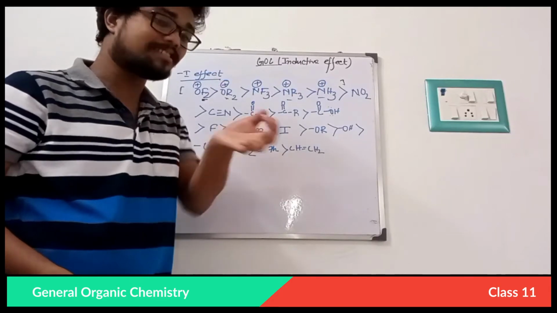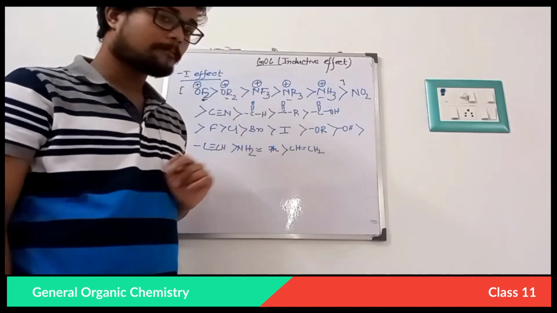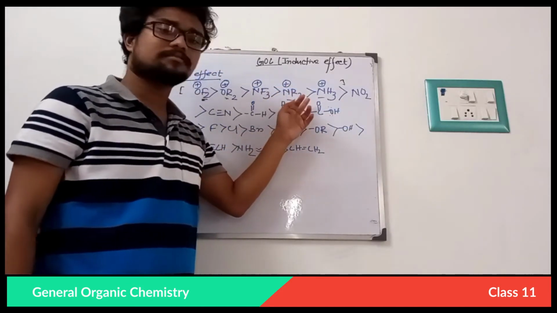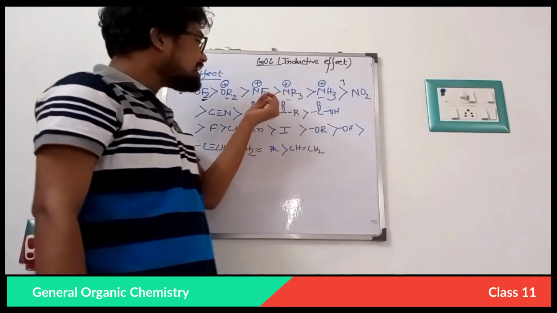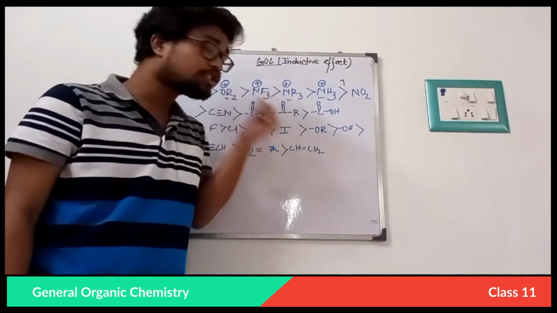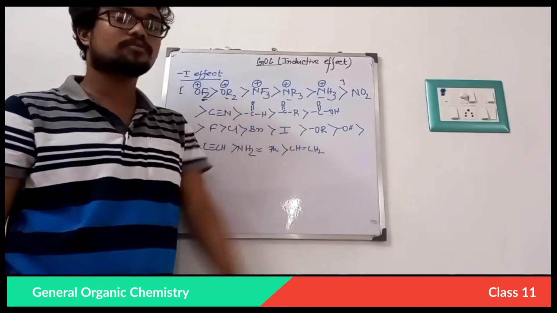Any alkyl group containing carbon shows a plus I effect. Here three R groups are present, that means three plus I effects are present. So the electron deficiency on the nitrogen atom is decreasing due to the plus I effect of the three R groups.